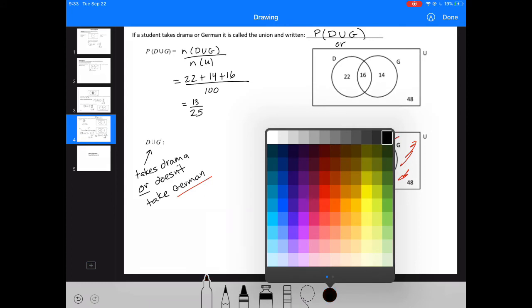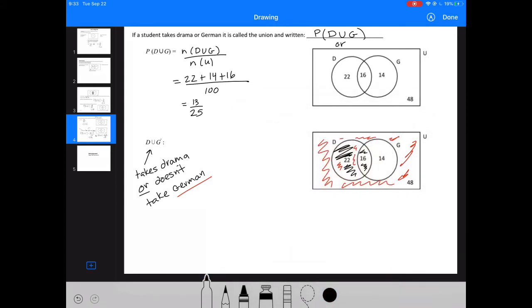So what we're going to do is calculate the probability that a student is going to take drama or doesn't take German. In order to calculate that, we're going to add up all the regions that we shaded. So 22 plus 16 plus 48 all over 100 is going to come out to 43 over 50 as the probability.